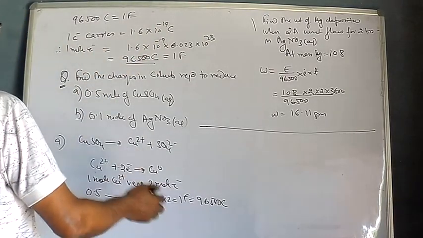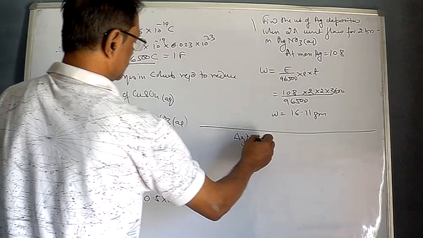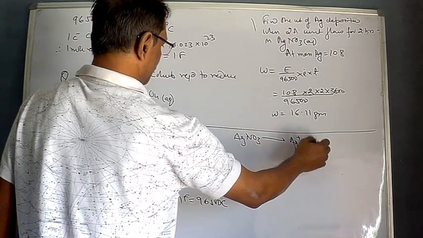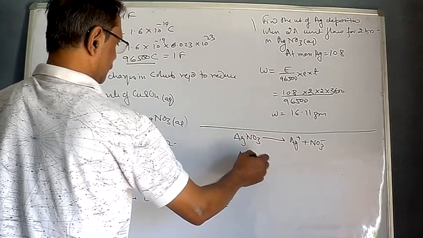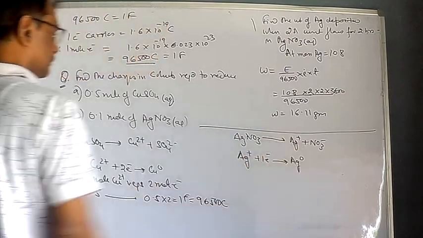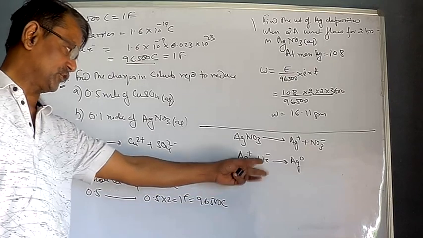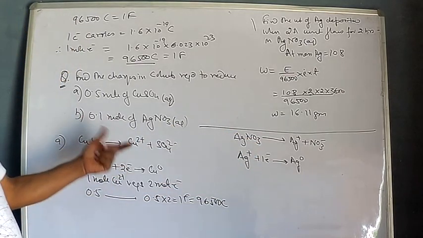Let us take the next one. It is silver nitrate. This will dissociate like this, Ag+ and NO3-. Write down the reduction reaction of the silver ion. So this is the reaction. From this reaction, what do we get? 1 mole of Ag+ requires 1 mole of electrons. Here 1 mole of Cu2+ required 2 mole electrons.